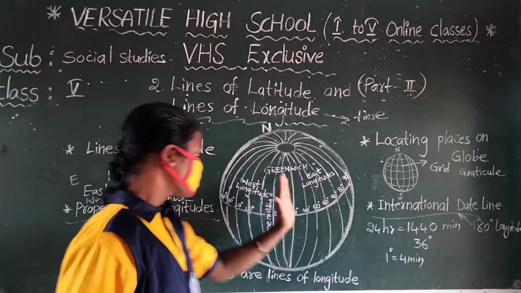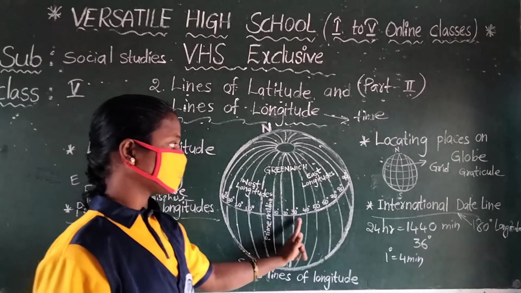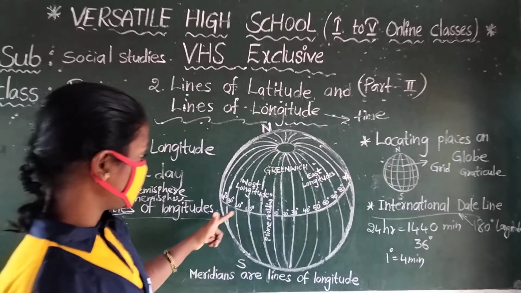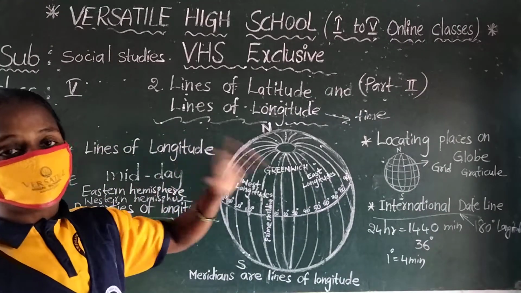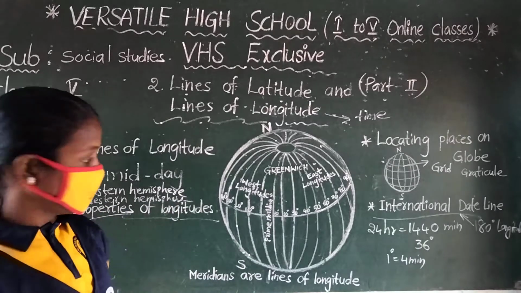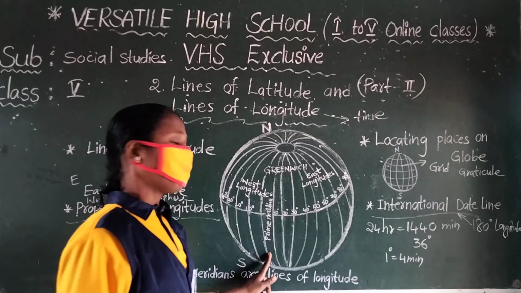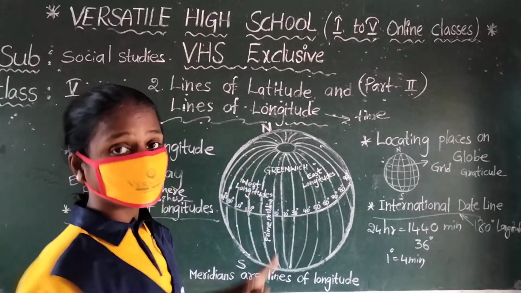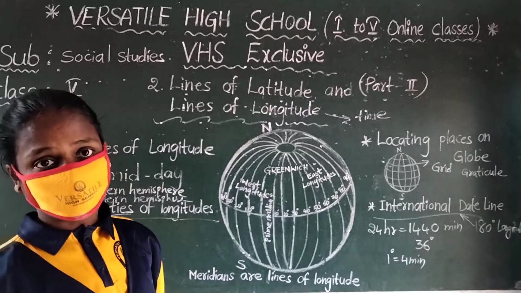East longitudes, west longitudes, and the degrees are 10, 20, 30, 40 up to 90. That means 90 plus 90 is 180 degrees. And 0 degrees here is called the prime meridian. In latitudes, 0 degrees is called the equator.